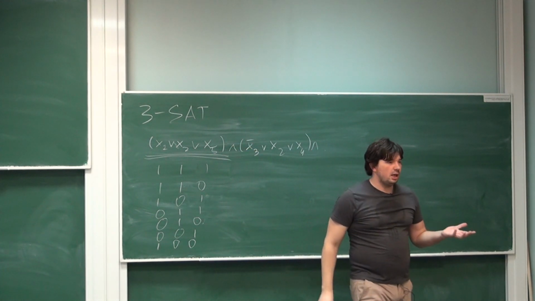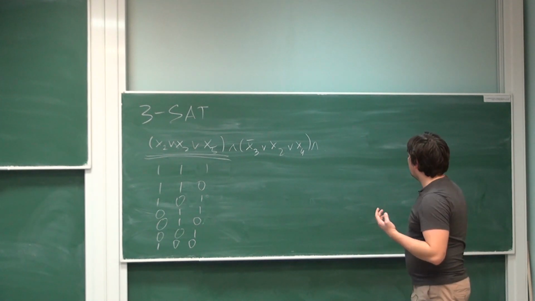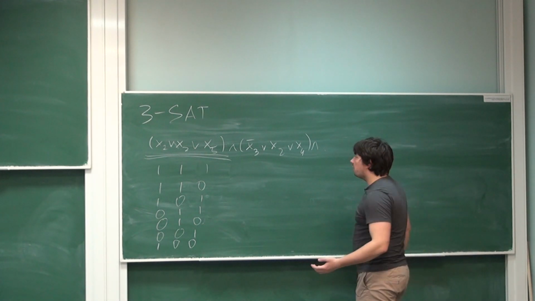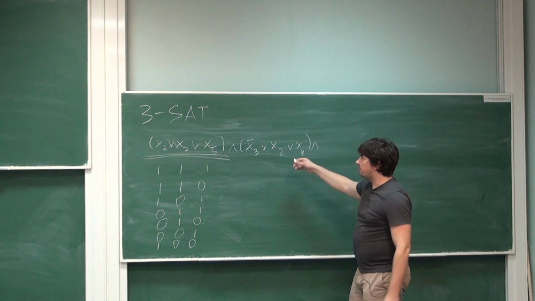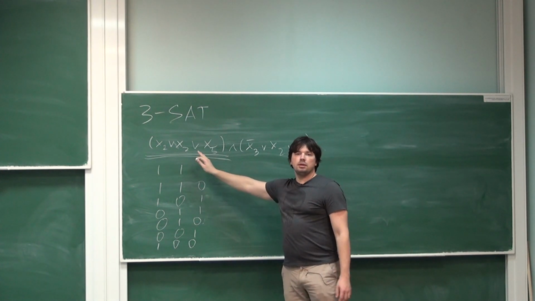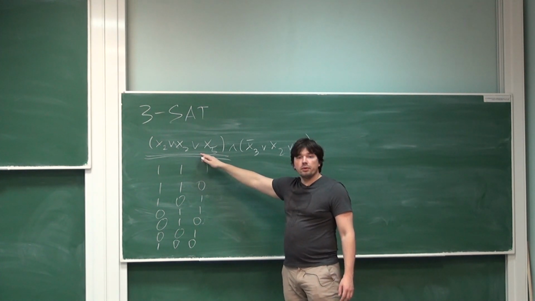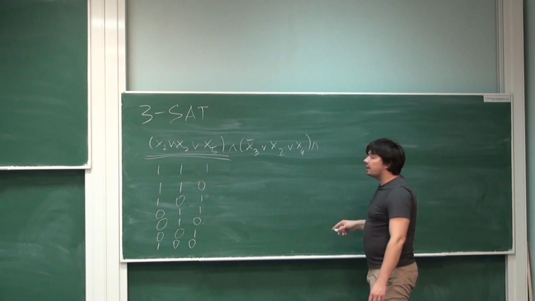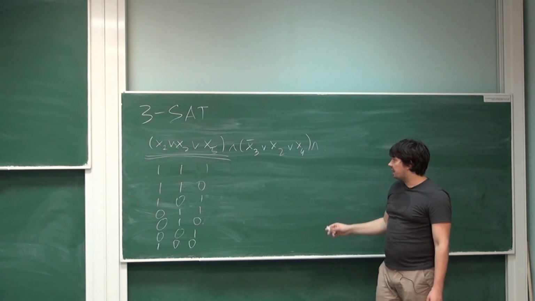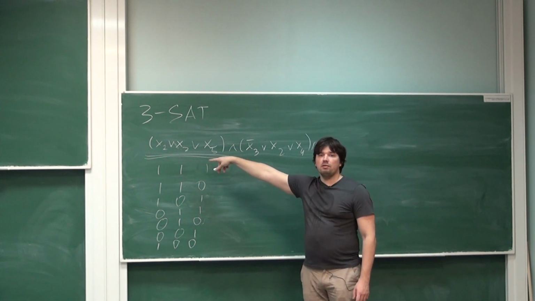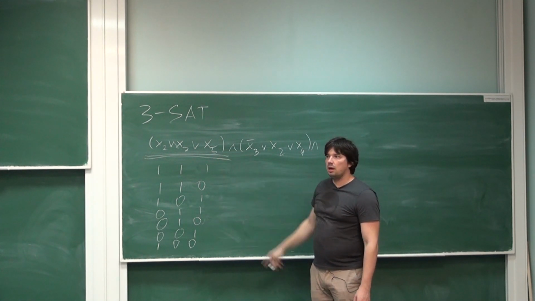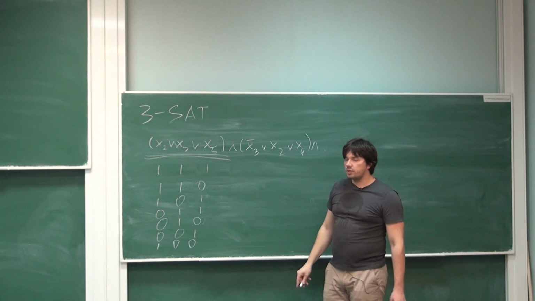And then we can say, hey, is there another clause that is not dependent on those variables? Well, if there is no such clause that doesn't have any variables from that list, then we're kind of done, right?